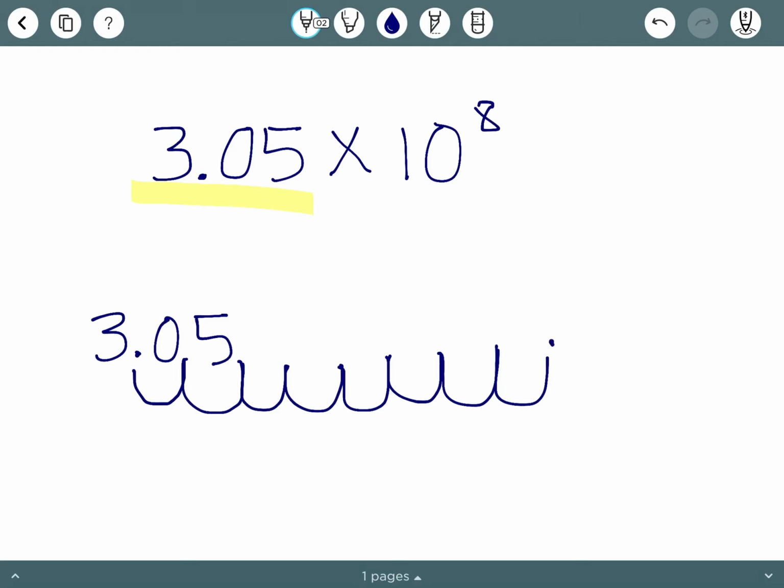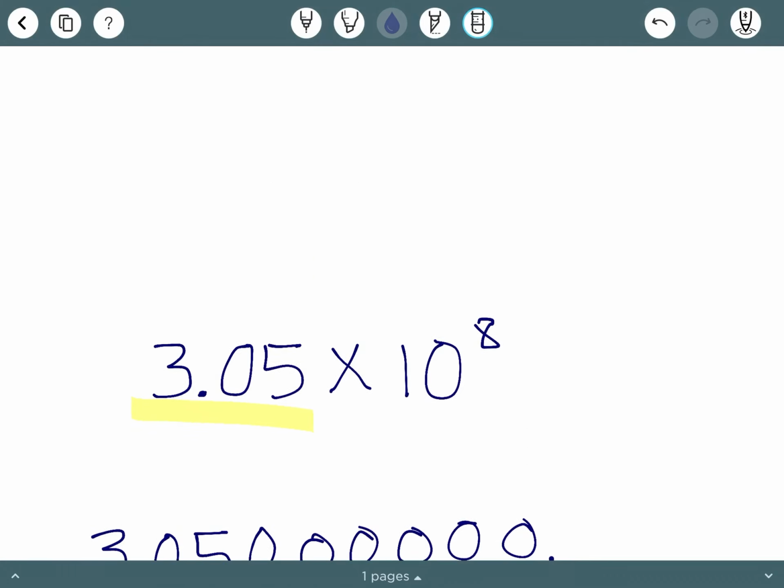So this is where our new decimal is going to land. All right, now we have these, you can see that we have these empty valleys, you could call them. Those we want to fill in with zeros. So let's go ahead and do that. All right. Now I'm going to erase my original.